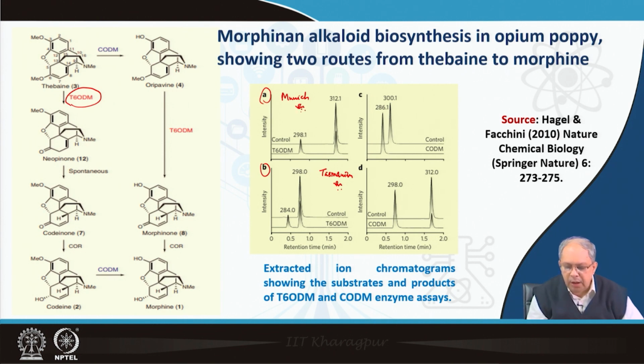Here, what you see in the control is a lot of thebaine, which is only the substrate. When the T6-ODM enzyme is active, this is just showing the enzyme activity, in which the substrate is being utilized and you see the formation of the product. This product is nothing but codeinone.